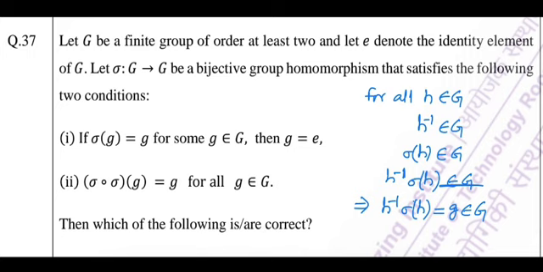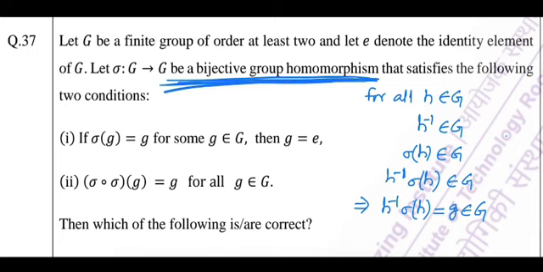Here you see the options. In option A, this was written in the reverse direction: for every g belonging to capital G, there exists h such that h inverse sigma h equals g. But here you see the homomorphism is bijective.